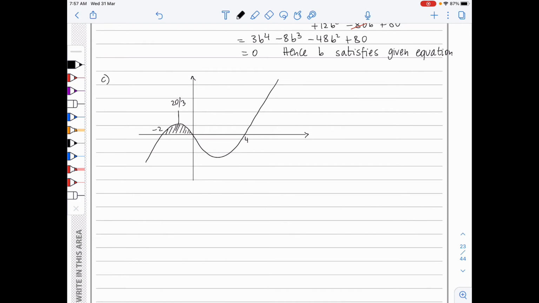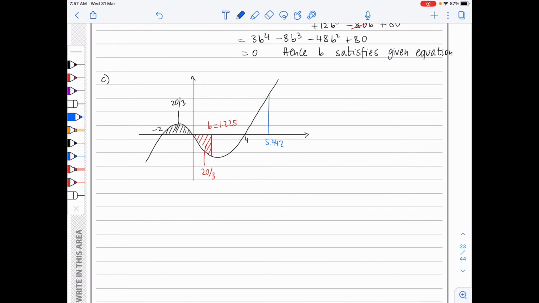And we have also found that if b is here, which we are told is equal to 1.225, then this is also 20 over 3. And then there's another solution, the 5.442, maybe somewhere here.